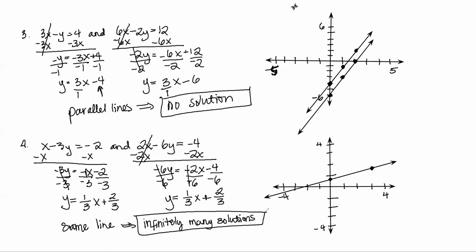And another way of thinking about this one, let me just add this into number 3. No solution can also be written as the empty set. And infinitely many solutions, the way you'll see it in the homework is they're going to give one equation as the solution, because the solution is all of the points along this line.